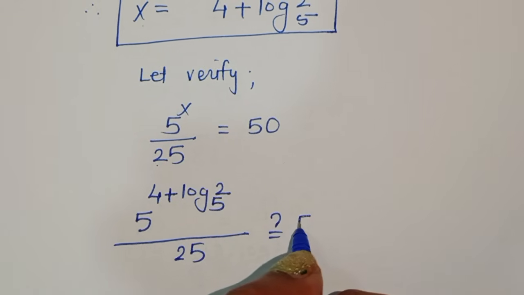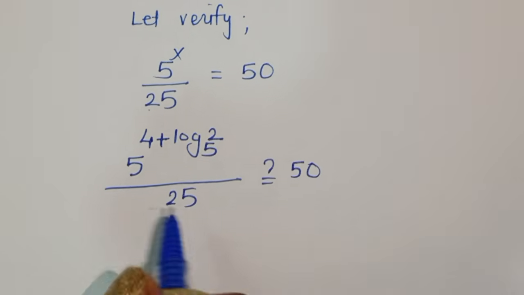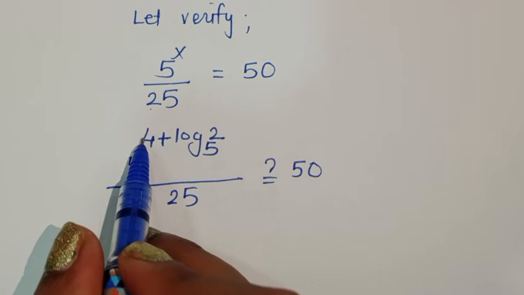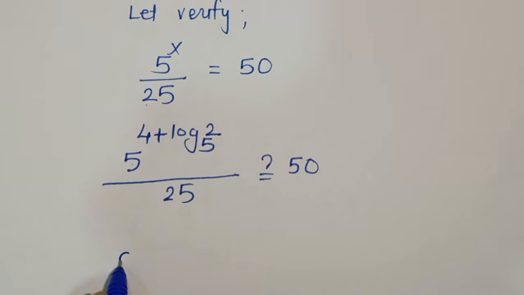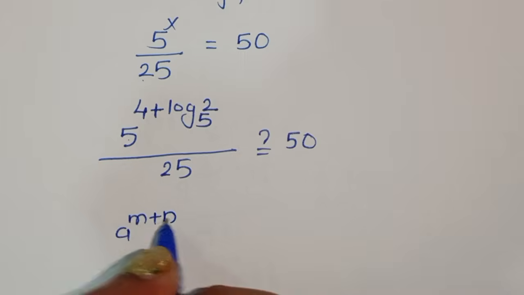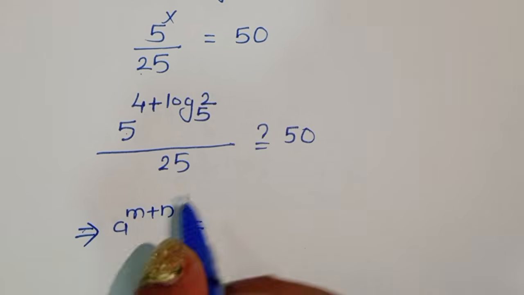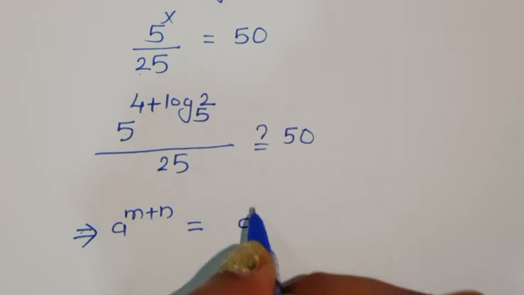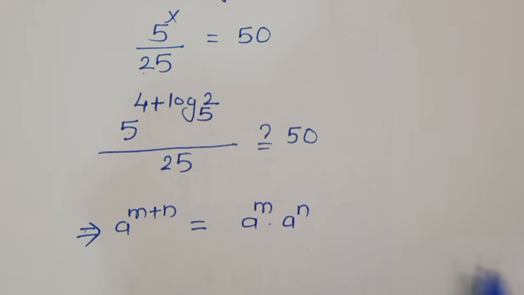Question mark 50, right? Now this is a form of a power m plus n. So a power m plus n is equal to a power m times a power n. This is the formula.